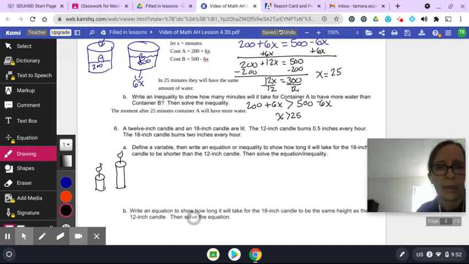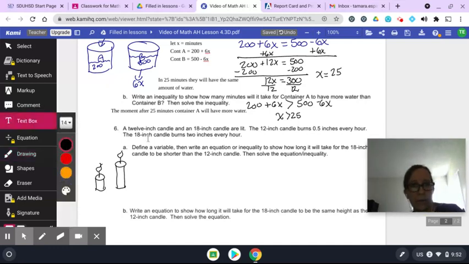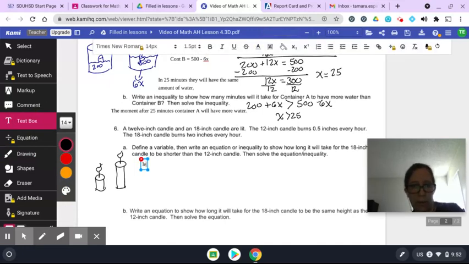Okay. So we know that this one's starting at 12. So short candle. And it's burning per hour. So we're going to let x equal hours. Short candle, it is starting at 12 inches and it's burning.